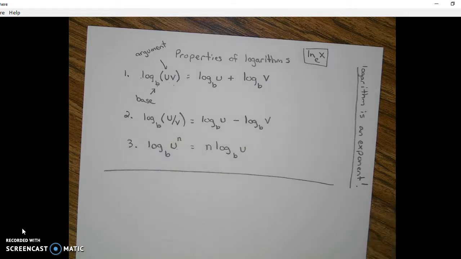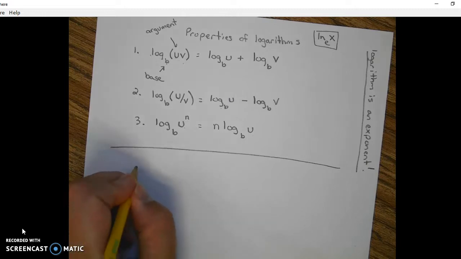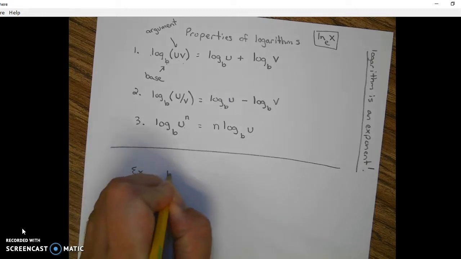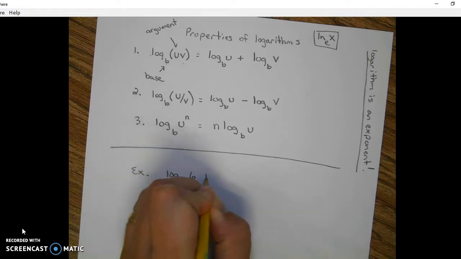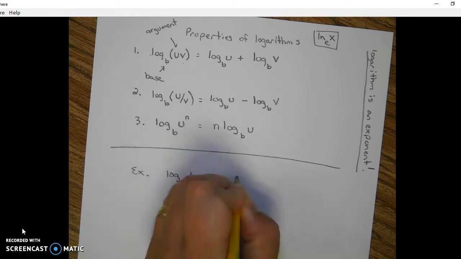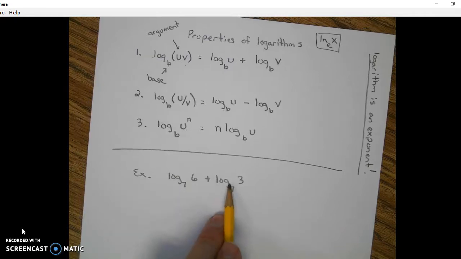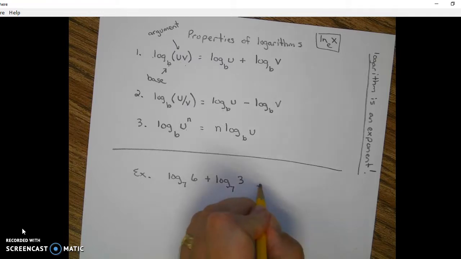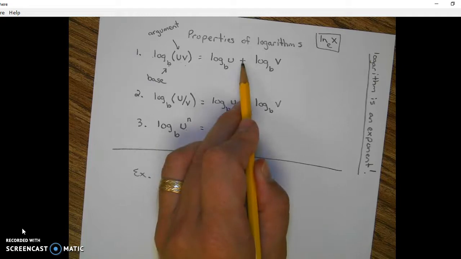Okay, so let's apply some of these properties. For example, let's say that we have the log base 7 of 6 plus the log base 7 of 3. What we want to do is rewrite this from 2 logarithms as 1 logarithm. So here's your clue: it's addition. So we go up here and find addition.